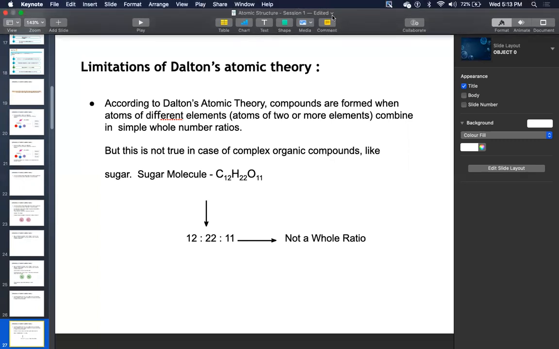Any doubt in this? Could I move to the next thing? So how is 12:22:11 not a whole ratio? It's not simple, but it is a whole number ratio, right? Yes, not a simple ratio, but whole numbers are there.